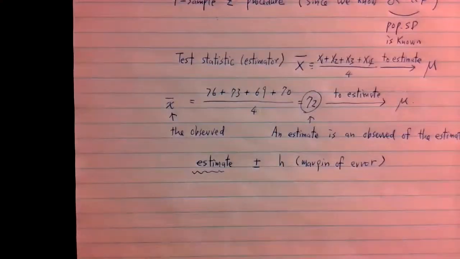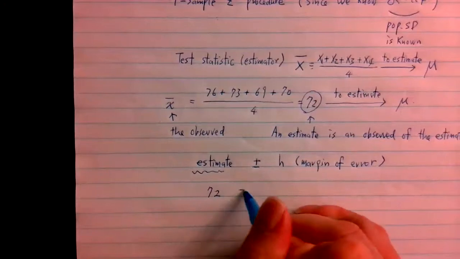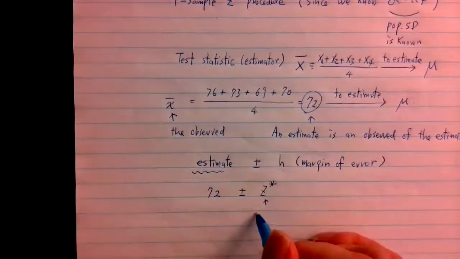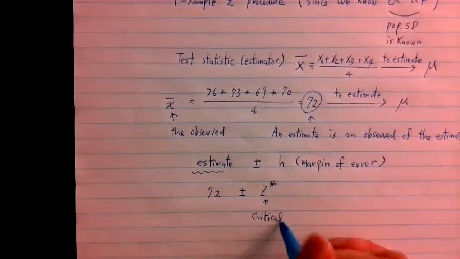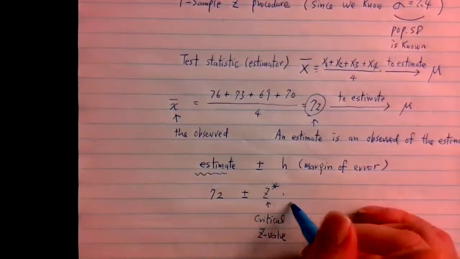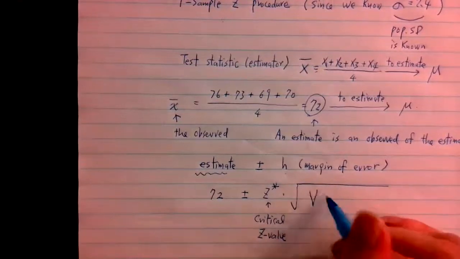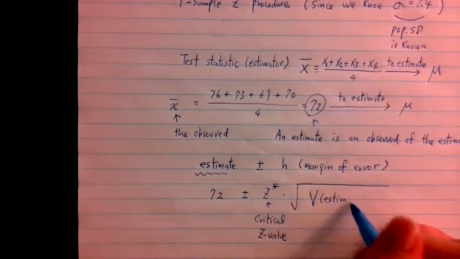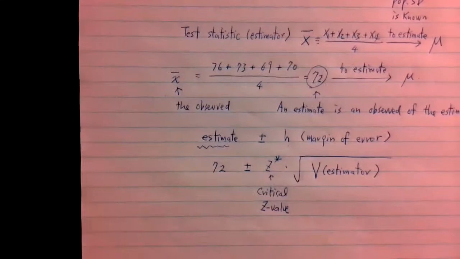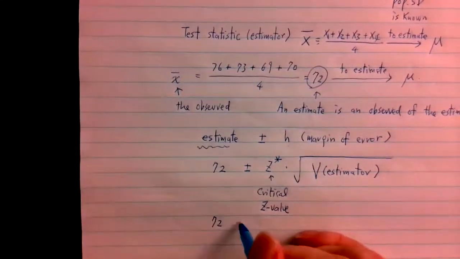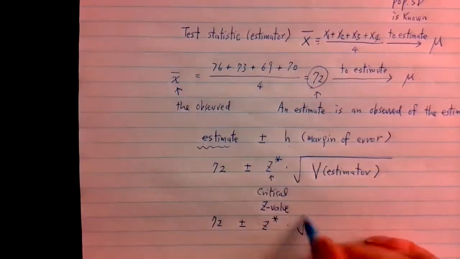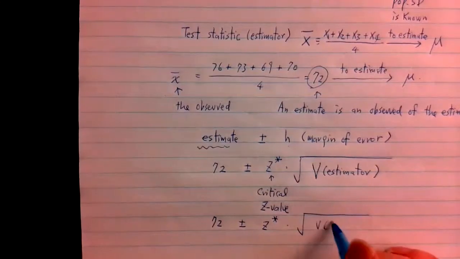So let's plug in the formula. It's 72, give or take H, rewritten as Z star, the critical Z value, times the square root of the variance of the estimator. Our estimator is X bar.